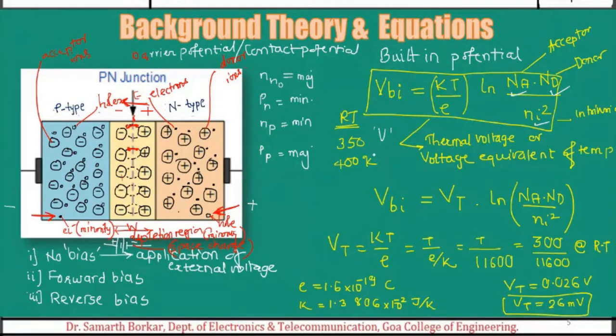It is also a function of the temperature to a certain extent, but we are considering room temperature, so it is 26 millivolt. Nowhere in this expression does a voltage term appear.